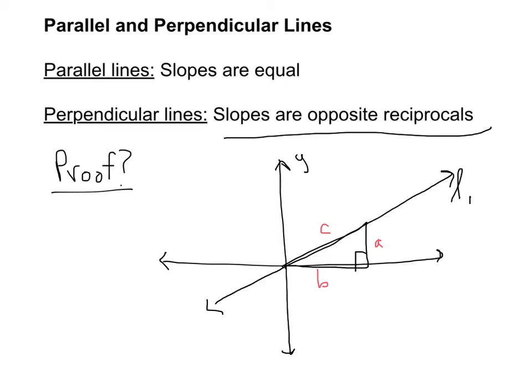So there's L1. Now I want to draw L2, and I want to make it so that it is perpendicular to L1. There's L2. Now notice, when I draw that, it's the same as if I were to rotate this triangle 90 degrees counterclockwise, or 90 degrees in the positive direction. And when you do that, you'll get a second triangle up here that looks like that.